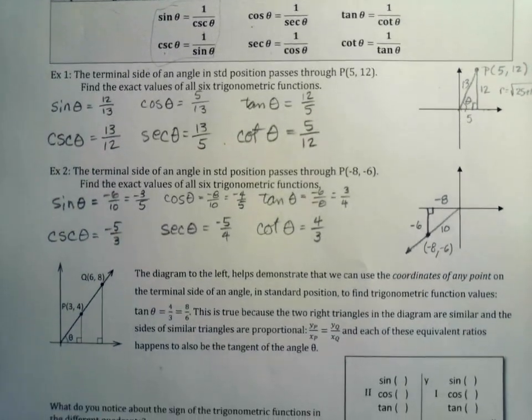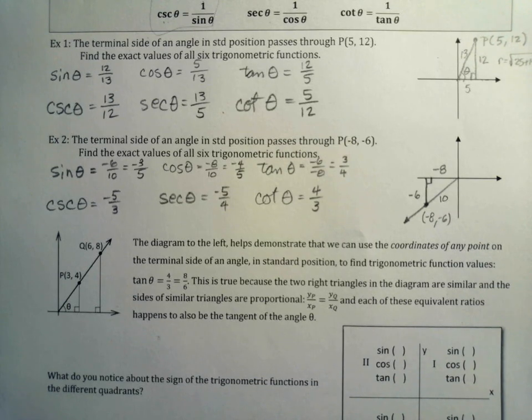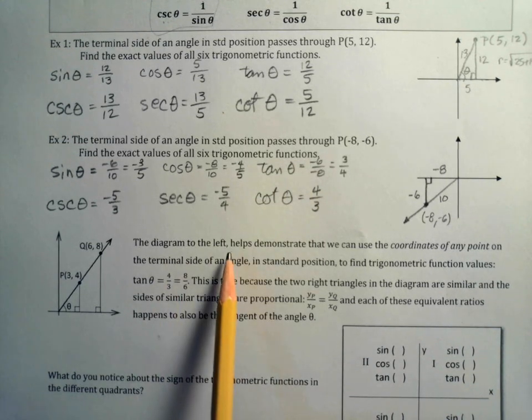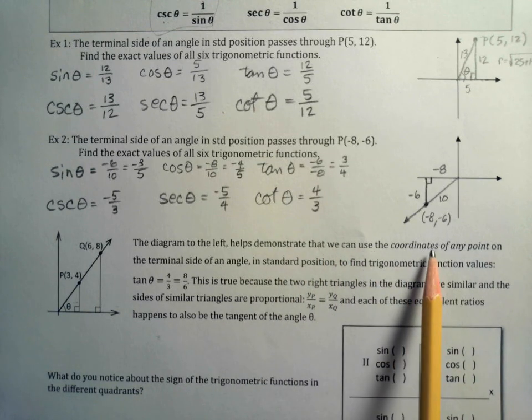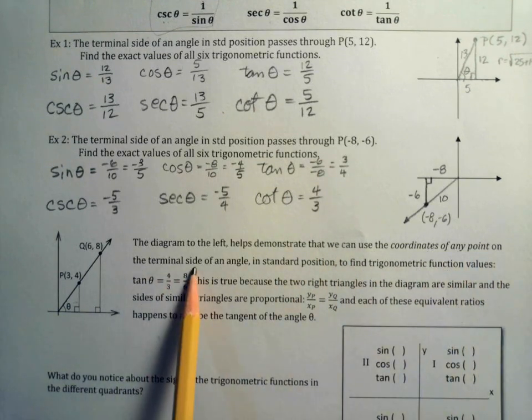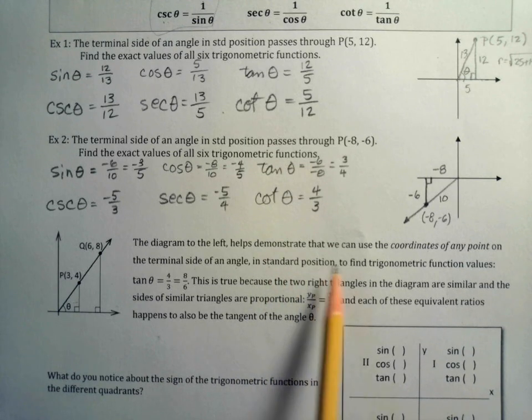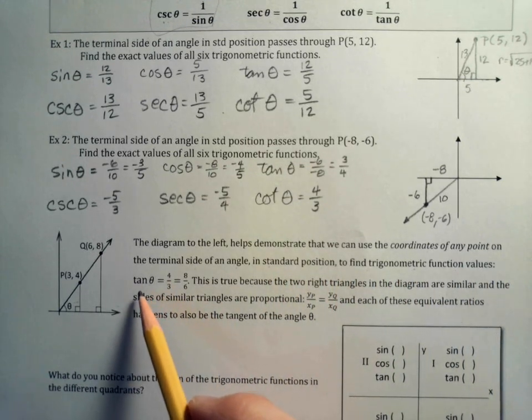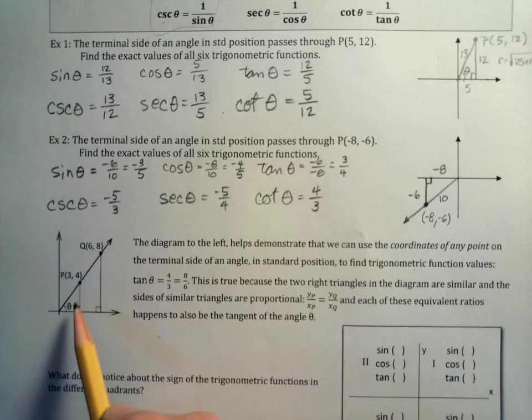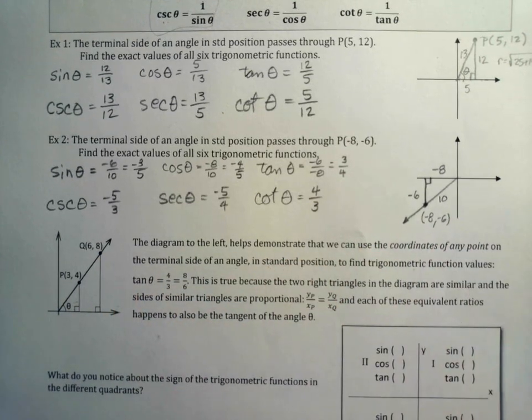All right, so let's talk more in depth about what these trig ratios are doing and how it is that we use them so much in mathematics. The diagram at the left helps demonstrate that we can use the coordinates of any point on the terminal side of an angle in standard position to find the trigonometric values. A trig ratio is simply the ratio of any two particular sides.